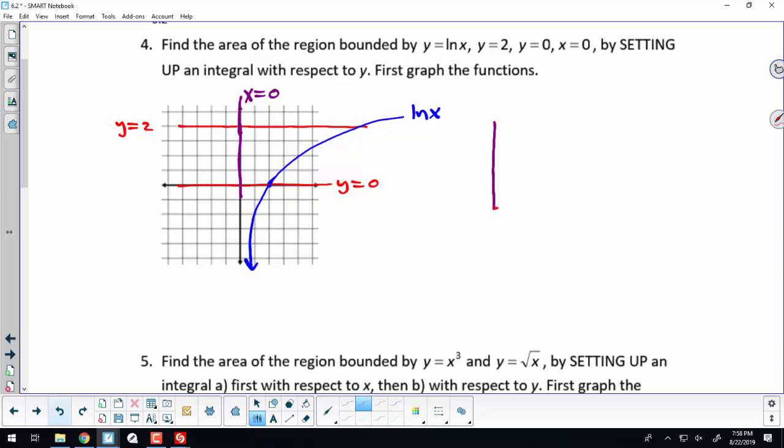Just enlarge that region here. So that's the area we're dealing with.